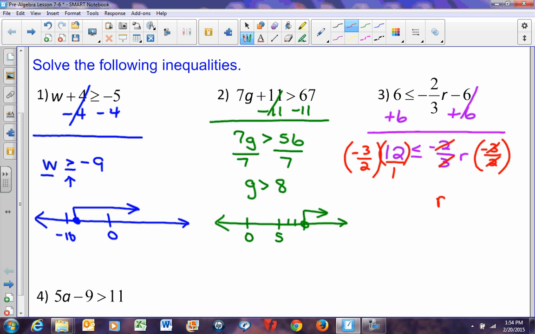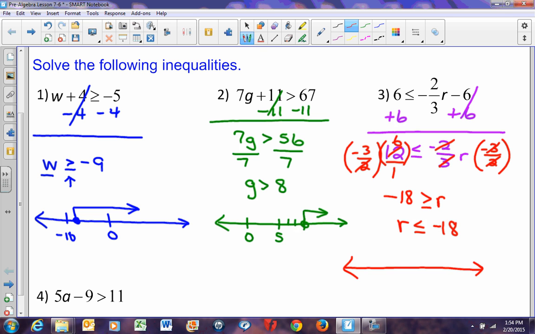Now it's going to point at the r. 2 goes into 12 6 times. 6 times negative 3 is negative 18. So I have negative 18 is greater than or equal to r, or r is less than or equal to negative 18. Remember, I always suggest that you write it with the variable first, because then you're less likely to mess up which direction your graph should go.